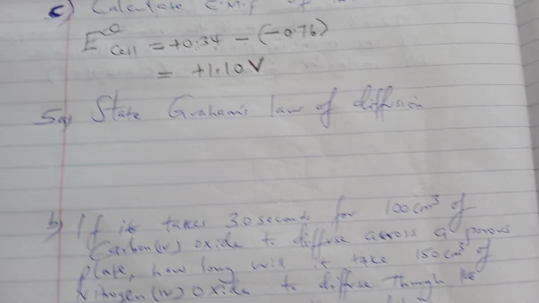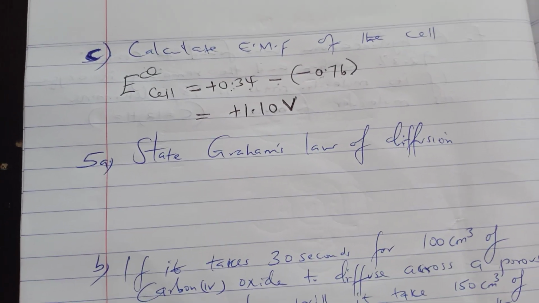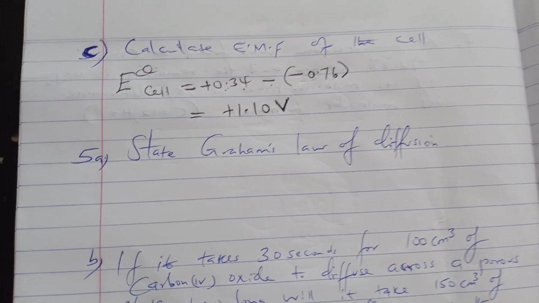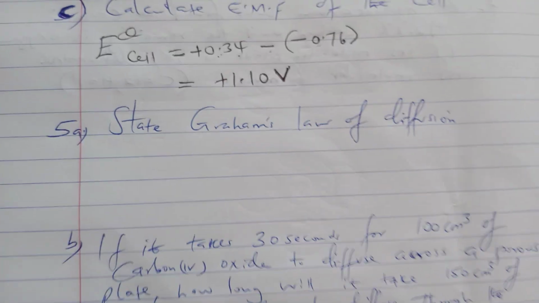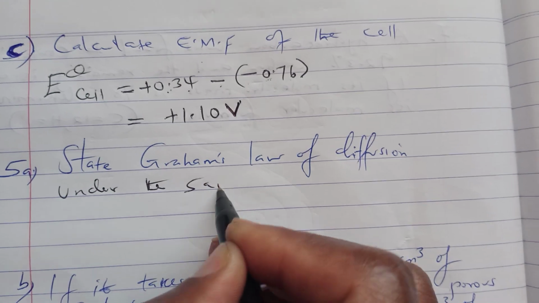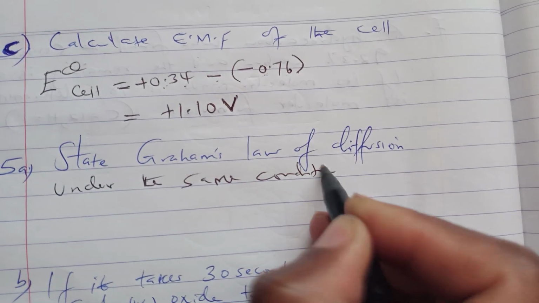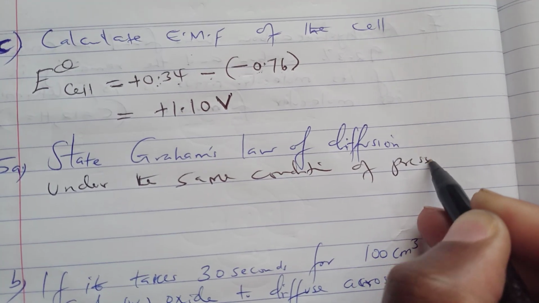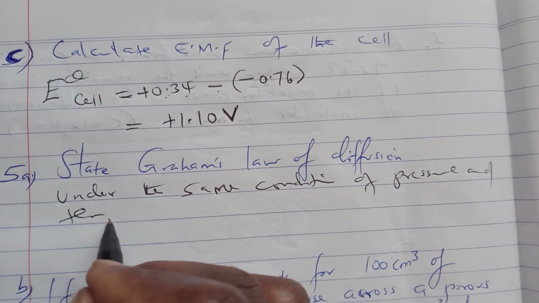And then question 5. Question 5 says, state Graham's law of diffusion. This is from Form 3 work, gas laws, and we said that under the same conditions of pressure and what?